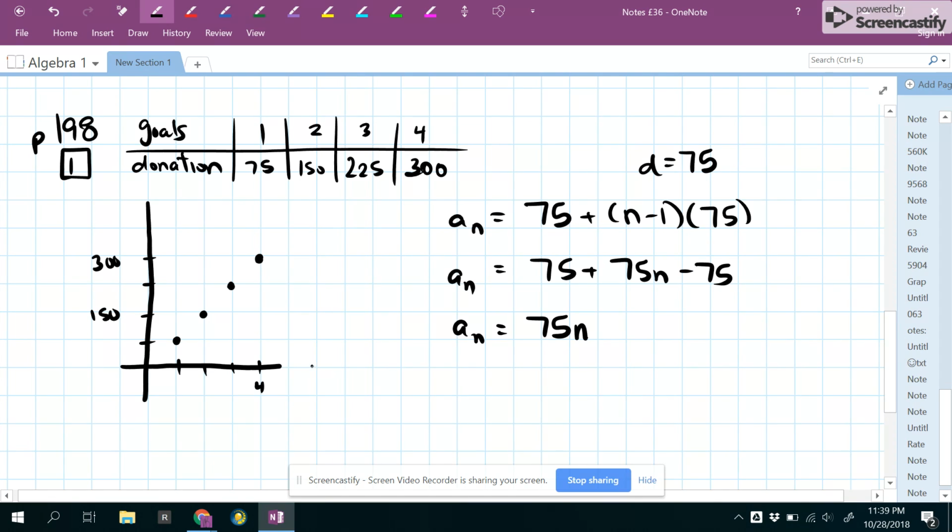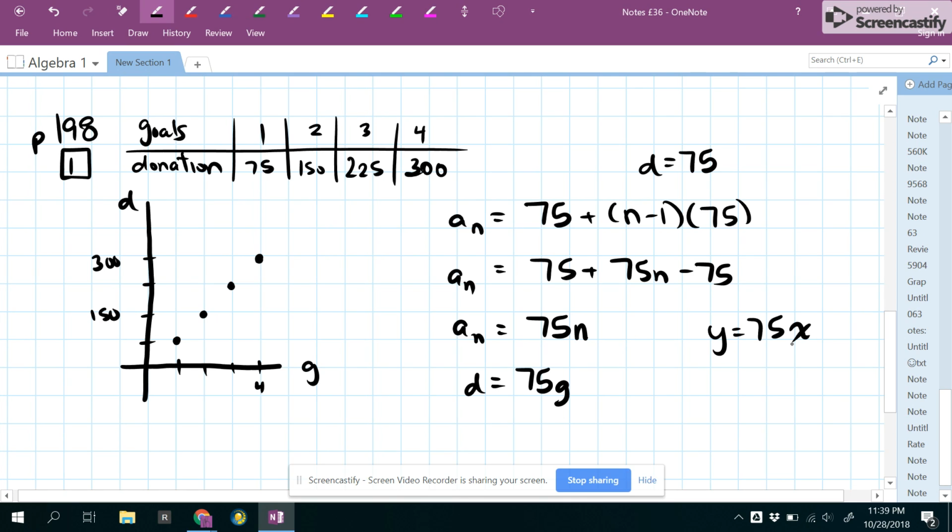And again, you could make it slightly more matchy to the letters. Instead of using n's, we could use g's. Instead of using a sub n, we could use d. Then donations would equal 75 per goal. And again, if you wanted to stick with x and y's, that would also be fine.